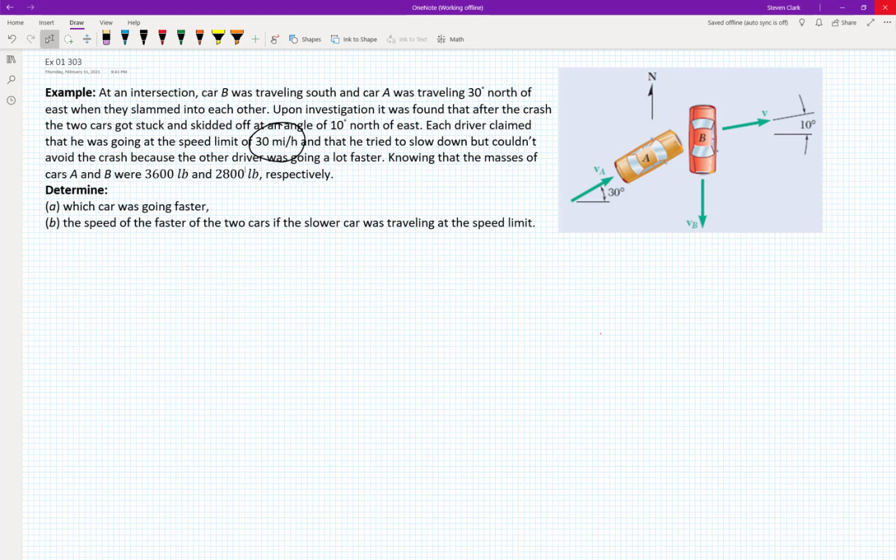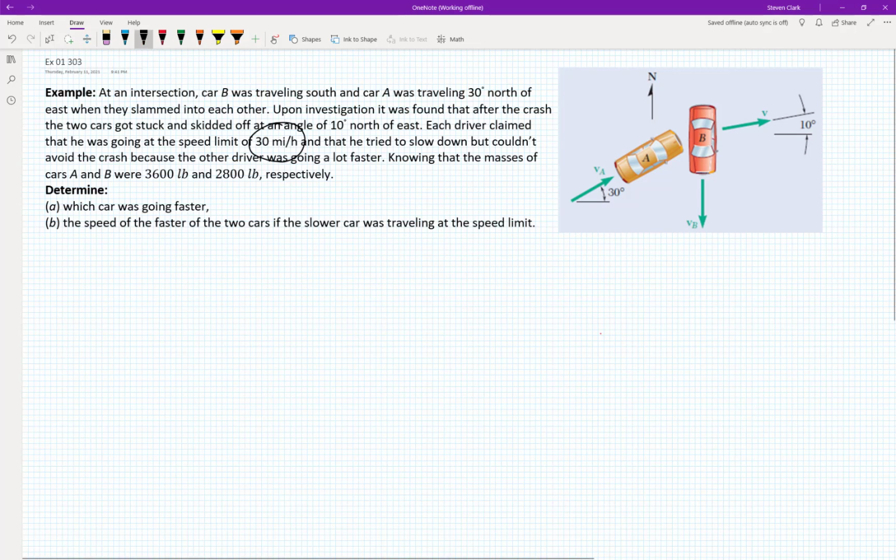And our job right now is to see which of them is lying. And once we figure that out, the authors of that problem ask us to figure out what was the speed of the car that was not obeying the regulation.